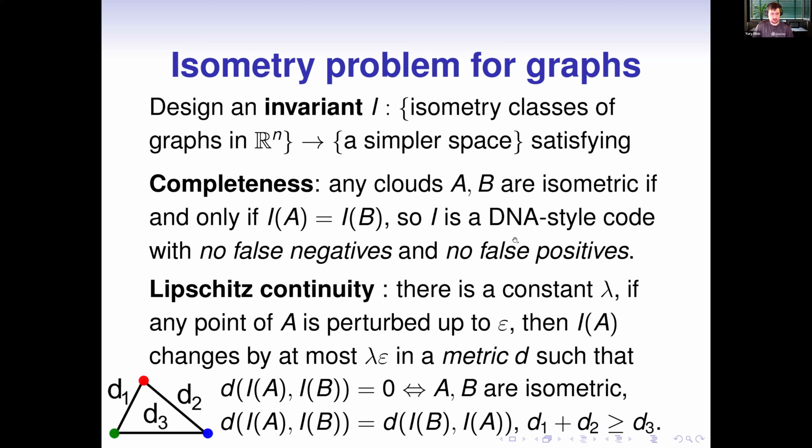And then we also want this invariant to be Lipschitz continuous. So this basically means that if we go into the invariant space and the two images are very close to each other, then the original molecules are also close to each other.